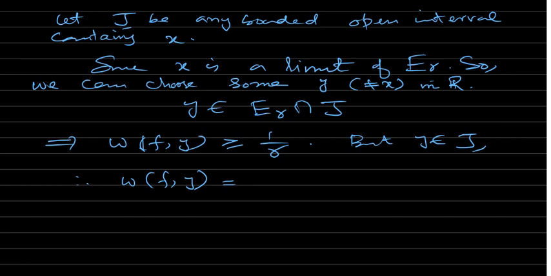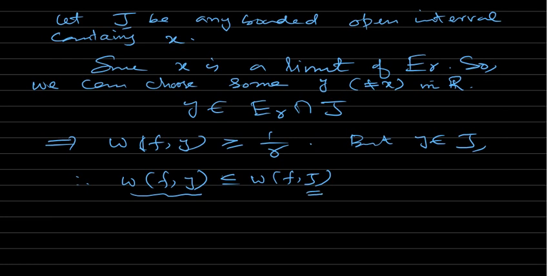So this is less or equal to the oscillation of f over J, because by definition it is the GLB of the oscillations of f over J, where J runs over all the bounded open intervals containing y, and this J is one of those intervals.